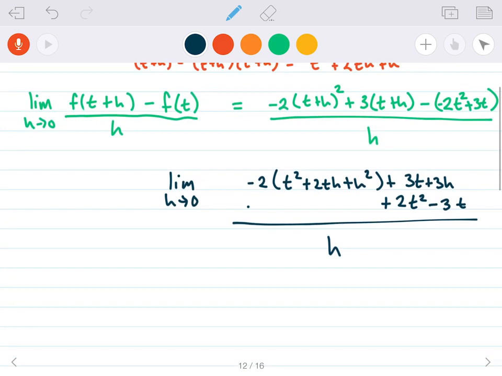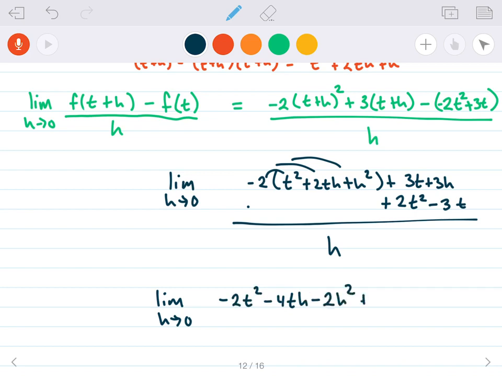Okay. All right, so I'm going to distribute that guy, and we get negative 2t squared minus 4th minus 2h squared. Let's write this a little bit better.